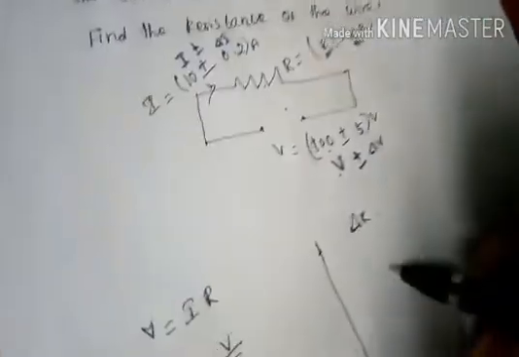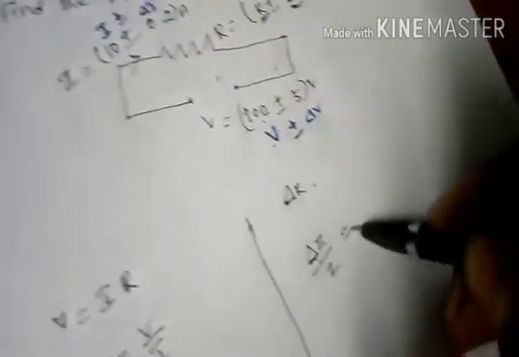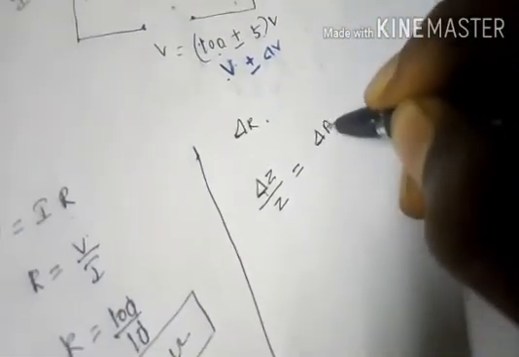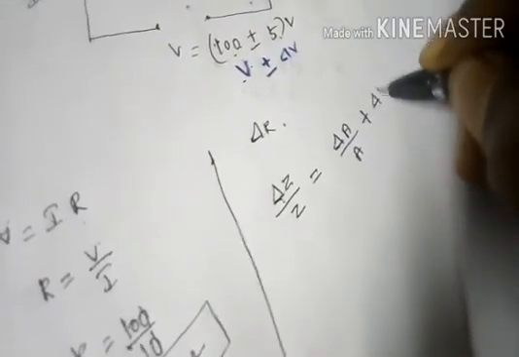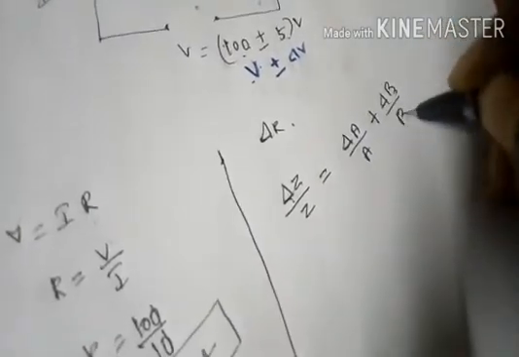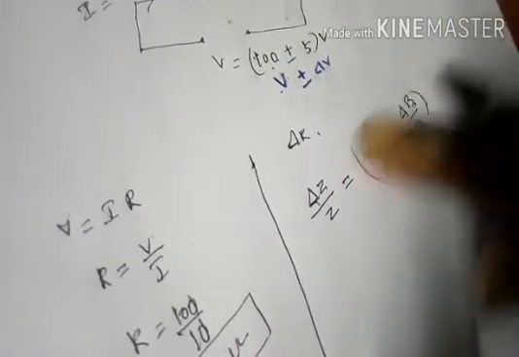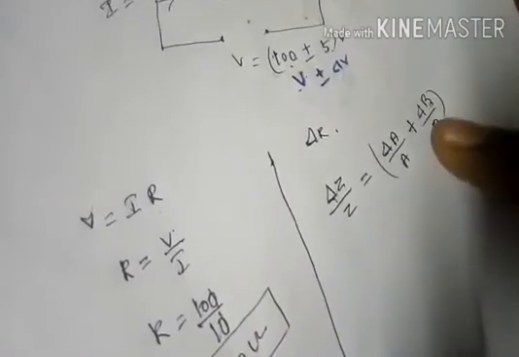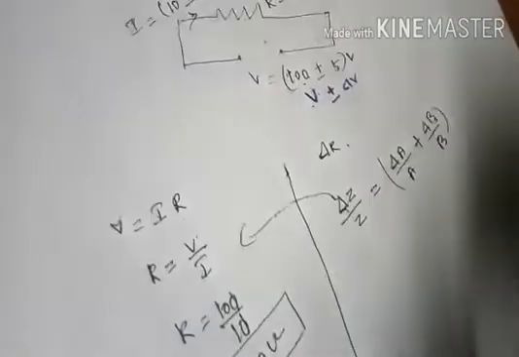The general expression is del z divided by z is equal to del a divided by a plus del b divided by b. Okay, this is the general expression for division of two quantities. So this general expression is used in this equation R equal to V divided by I.